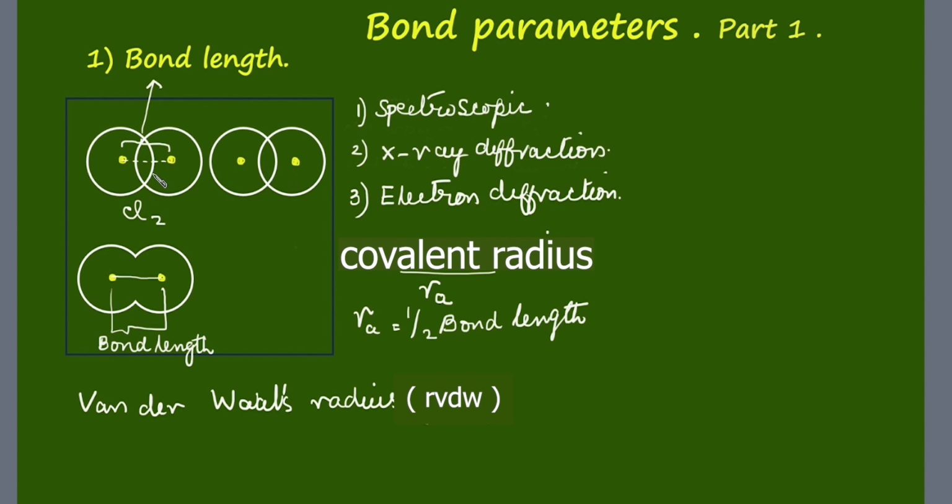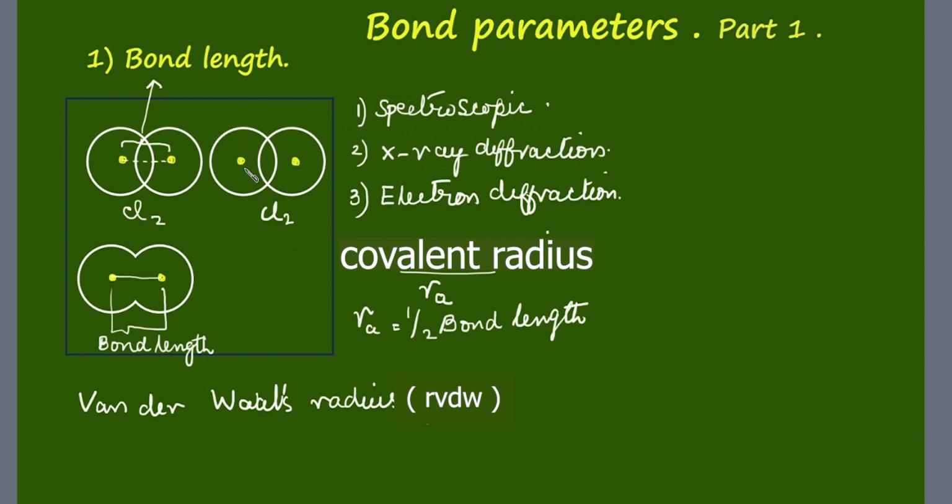This is chlorine molecule number 1. This is chlorine molecule number 2. We consider these two atoms which are not bonded. If you consider these two, they are bonded. These two atoms are also bonded. So we consider this atom of one molecule and the other atom of the other molecule.